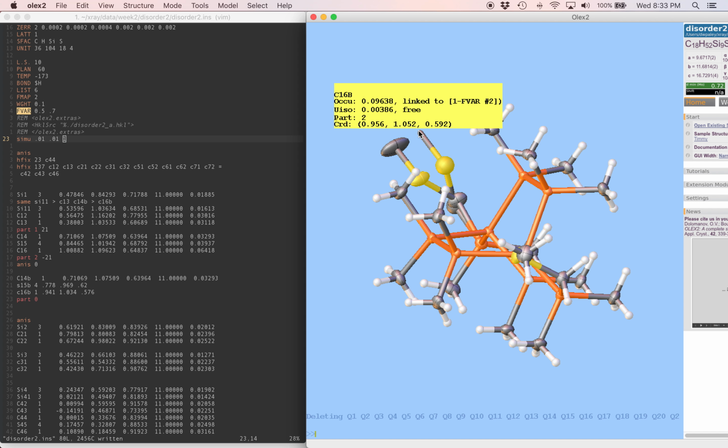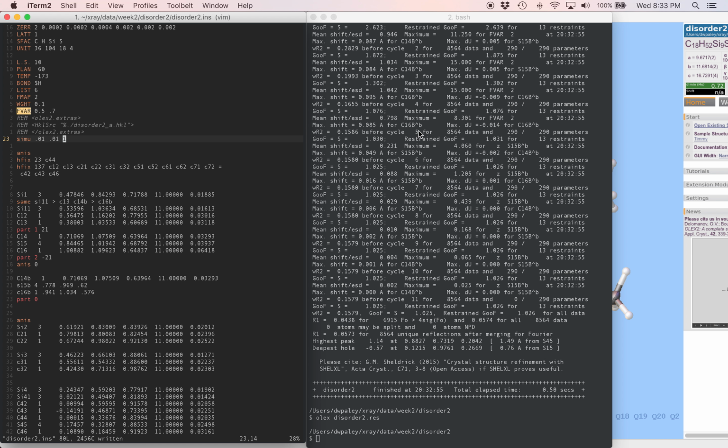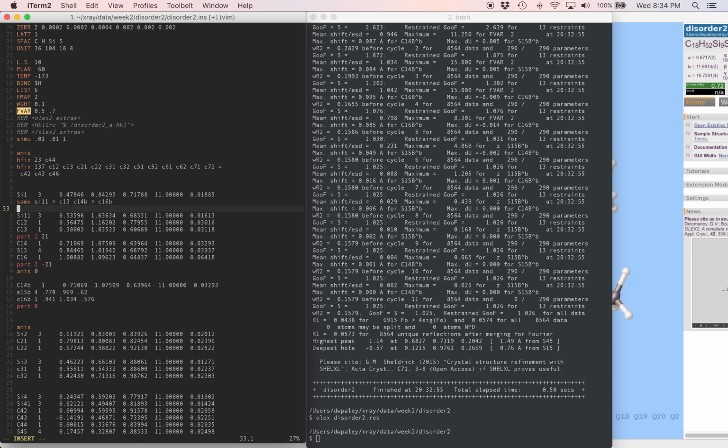Let's see if we can control this with a restraint. I'm going to go next to my same line. I'm going to put a RIGU restraint on the major part of the disorder, which is silicon 11 and C14 through C16.